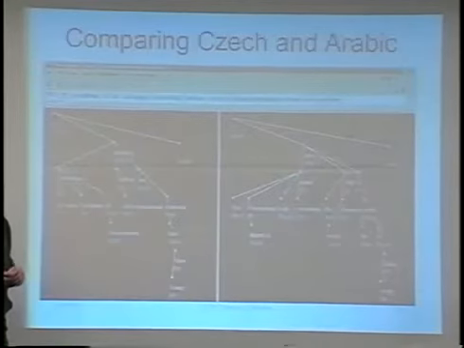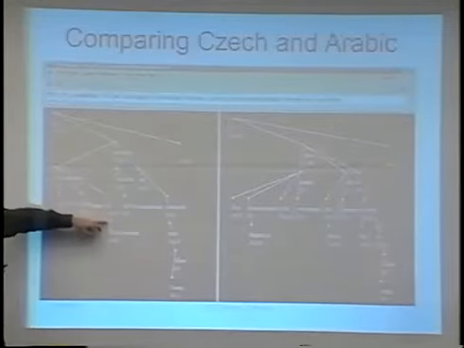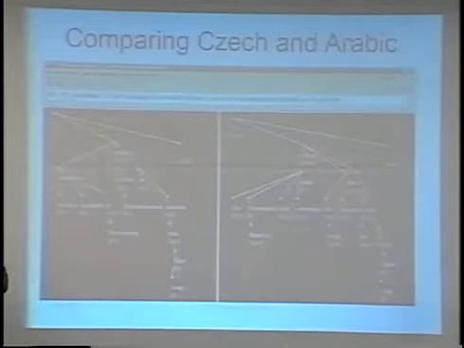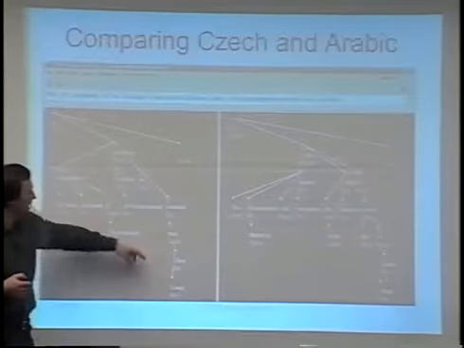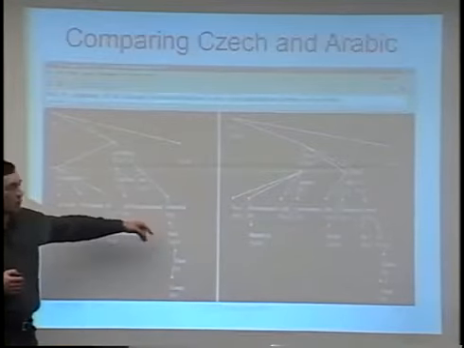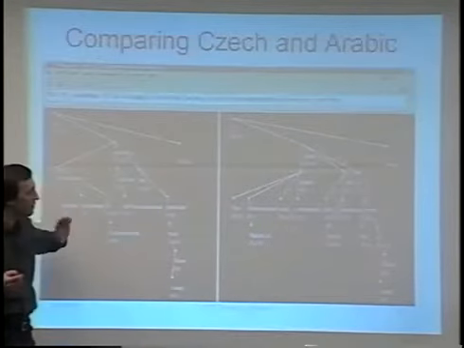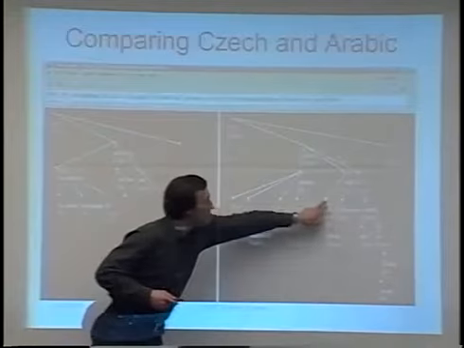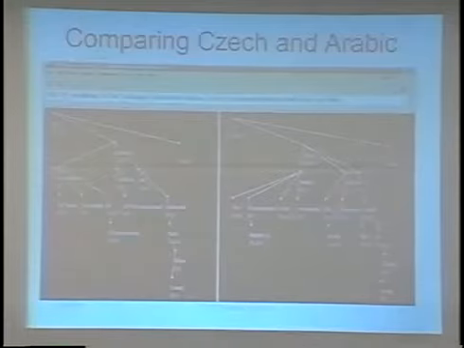At least that's how I would interpret it from how it's done in the Penn Treebank. In Arabic, they say it's the other way. This is almost the same, but there is no article here because the definiteness is encoded somewhere. Don't ask me, but there are many differences between these two trees.